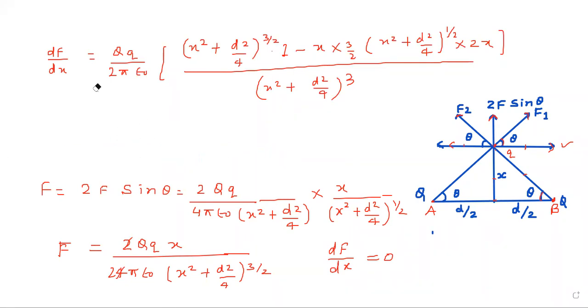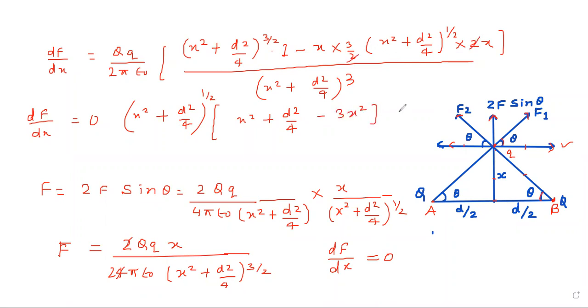Now we equate it to 0. So dF upon dx equal to 0 will give that the numerator will be 0. If we take out x square plus d square by 4 under root, then x square plus d square by 4 will be left here, and here the 2 will cancel out and it will be 3x square, which is equal to 0.